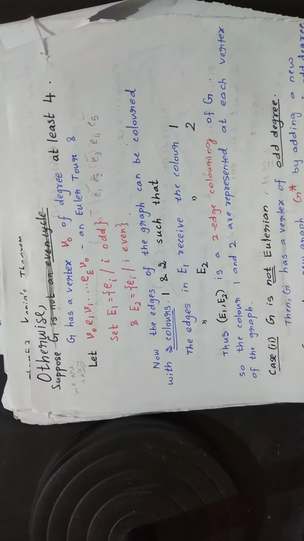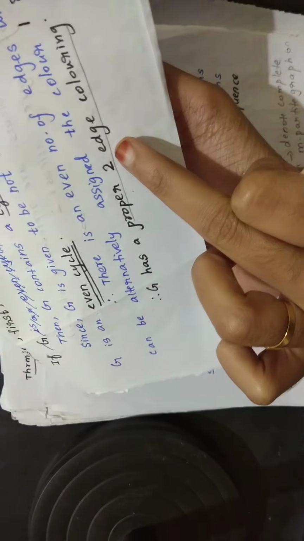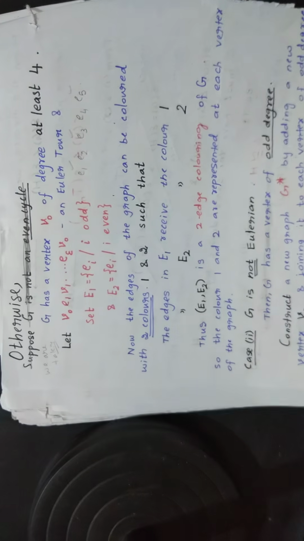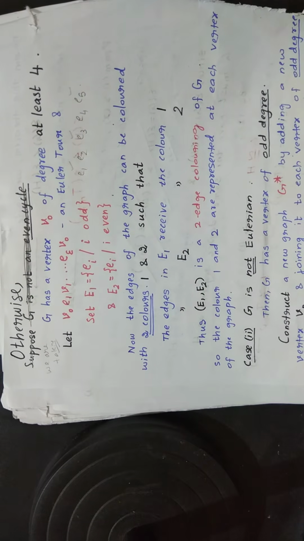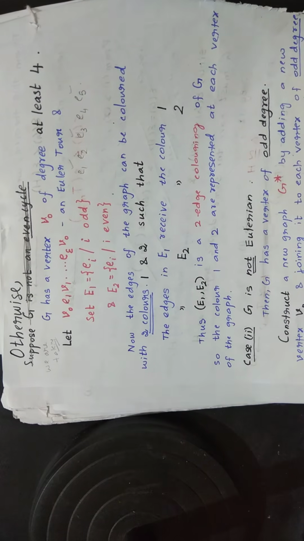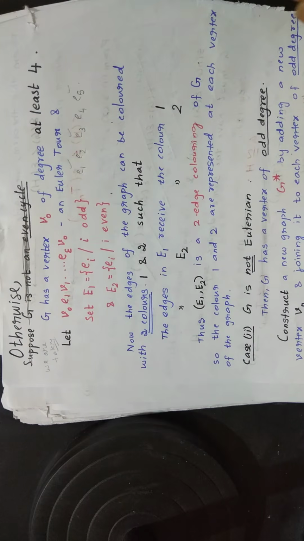If it has degree 2, then easily you can do two-edge coloring. So there is a vertex V0 and that vertex will have degree at least 4. Minimum it should have 4; maximum as much as you can, but you should not have 3.